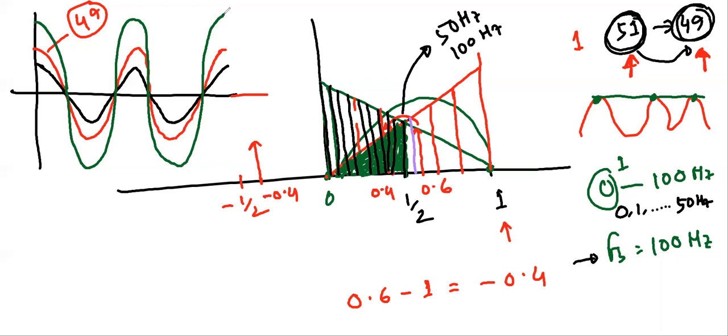Do you agree with me? Is this the final 49 hertz? Yes, sir. Are you happy with this 49 hertz? No, sir, because it is not your actual signal. You can preserve the frequencies from 0 to 50 hertz and retrieve them, though they are not the original ones.